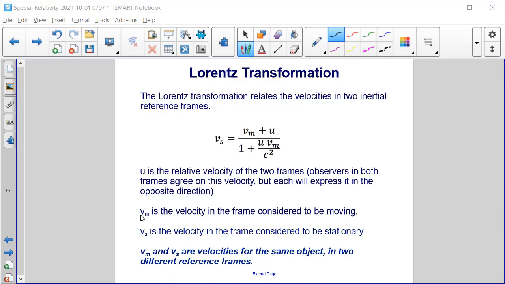Vm is the velocity in the frame that's considered to be moving. Vs is the velocity in the frame considered to be stationary. These are velocities for the same object, just observed from two different reference frames. So we're going to take this idea back to our rocket ship and our missile and our stationary observer on the Earth.